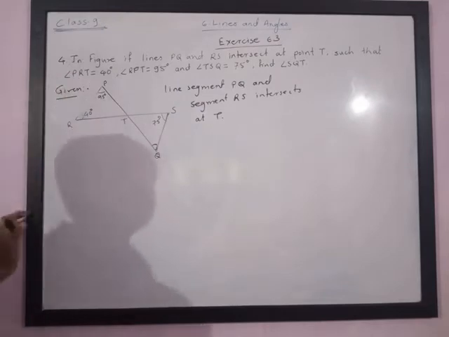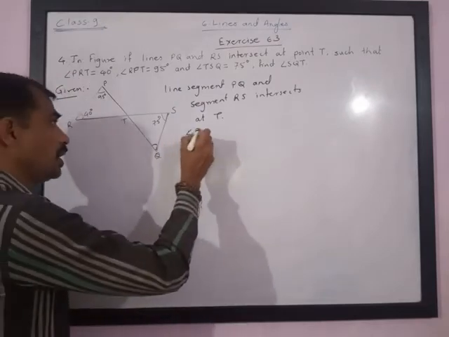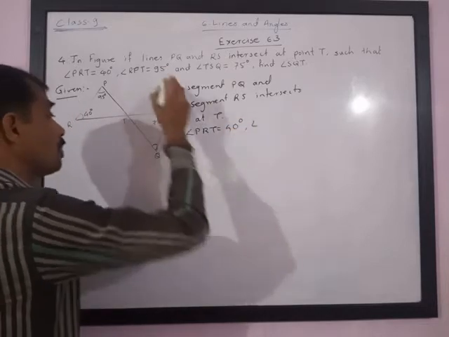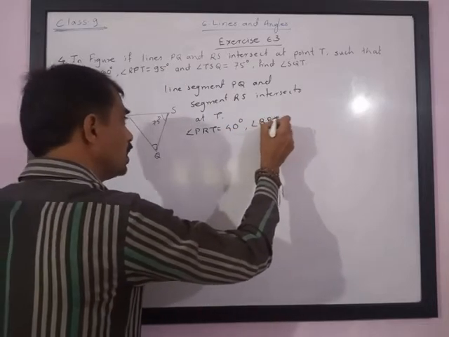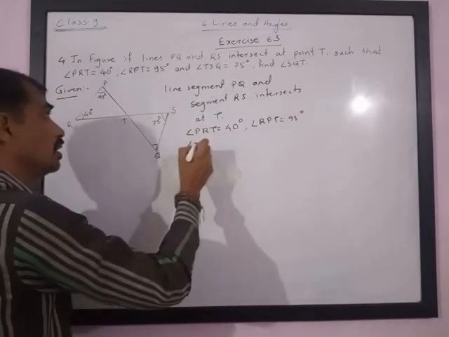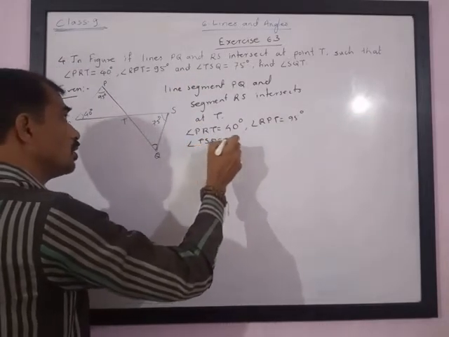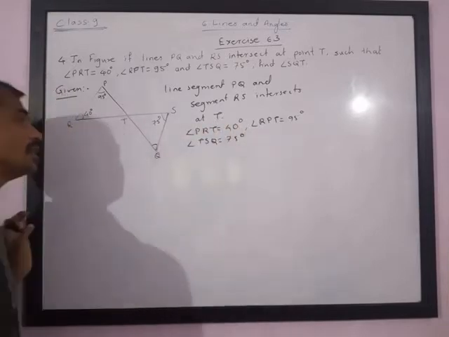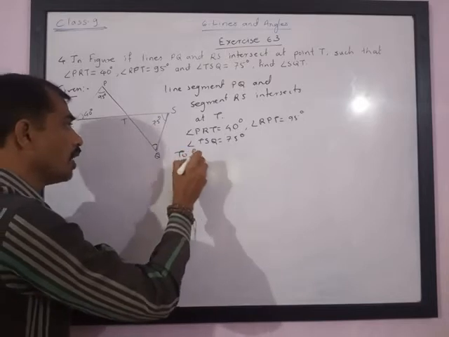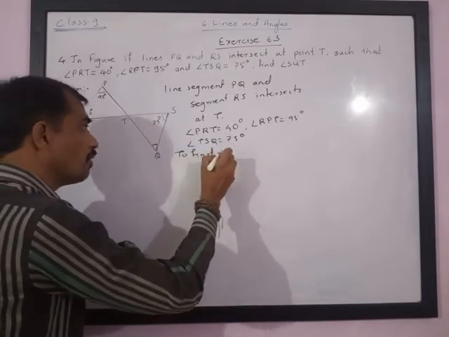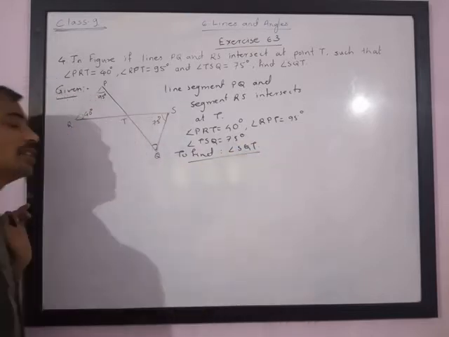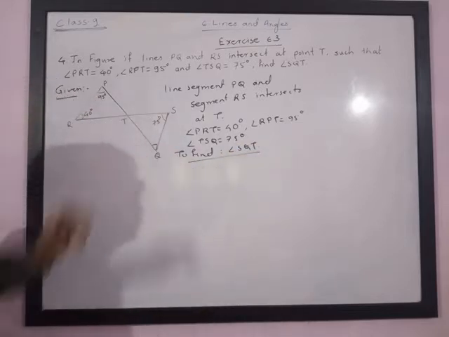Then angle PRT is equal to 40 degrees. Angle RPT is equal to 95 degrees. And angle TSQ is equal to 75 degrees. This is what is given to us. Now we are asked to find the measure of angle SQT. Now let's see how it can be found.